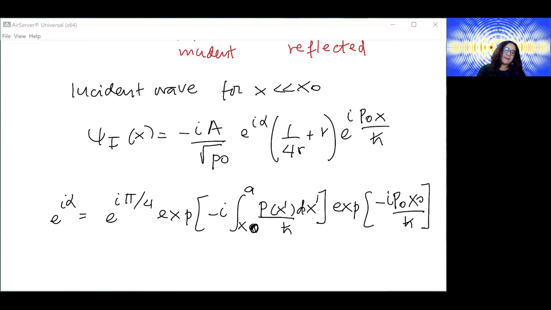And this is a constant phase, and that's what we had also in the other case. So we took the trouble to calculate all these limits because we could see we had constant phases.